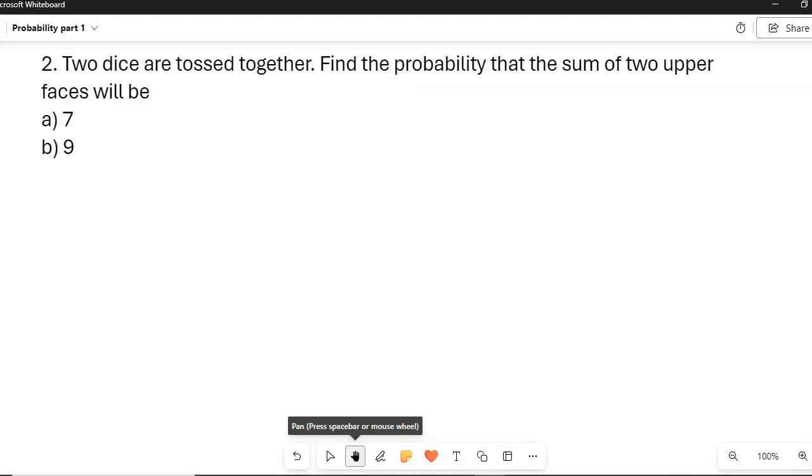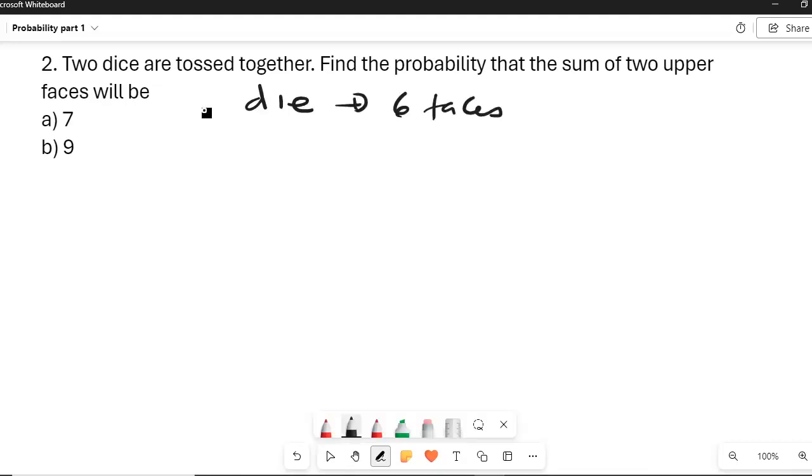Two dice are tossed together. Find the probability that the sum of the 2 upper faces will be 7. The number one thing we need to know is that a die has 6 faces, labeled 1, 2, up to 6.